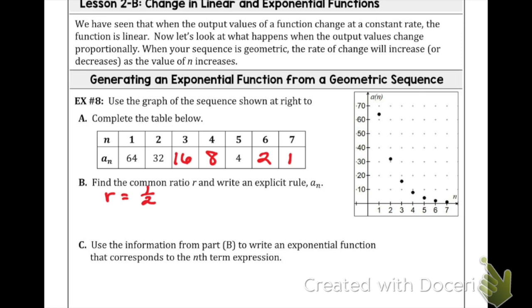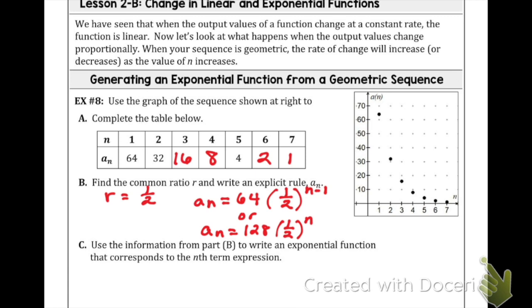So my explicit rule that we learned about last class: start with our first term, 64, times my common ratio to the n minus 1. Or if you want to go to the a naught, right? Well, what number do I have to take half of to get to 64? Doubling 64 would put me at 128, which would be the 0 term, times 1/2 to the n.